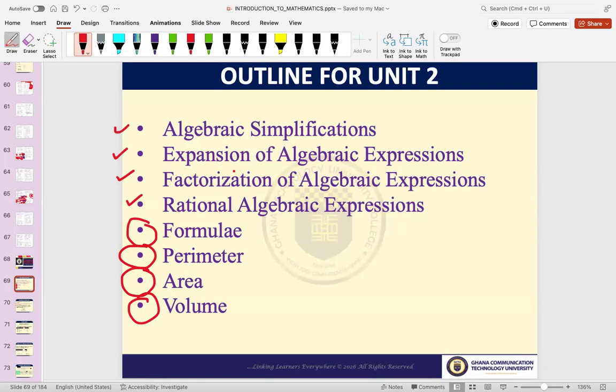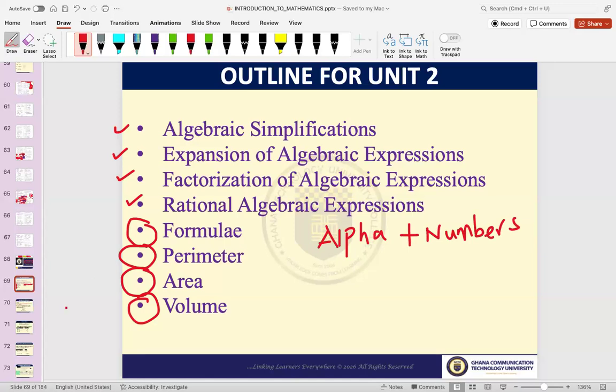So everything is algebra. And one more time, algebra is a combination of alphabets and numbers.